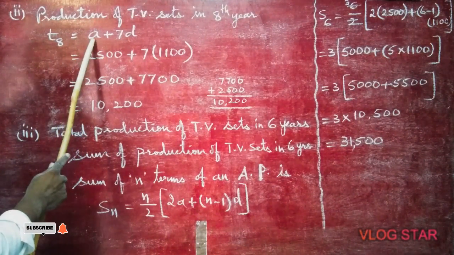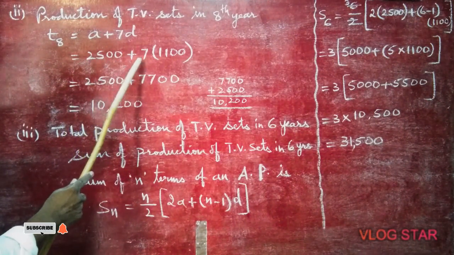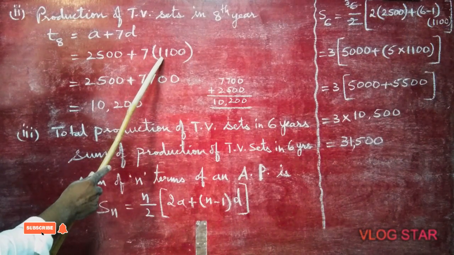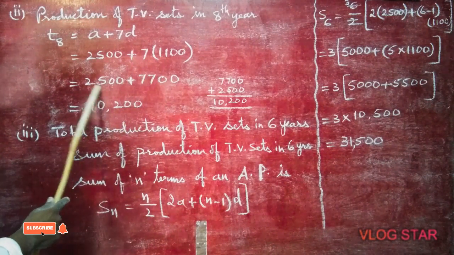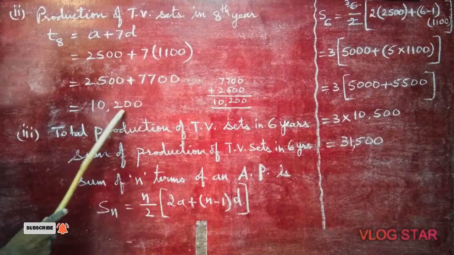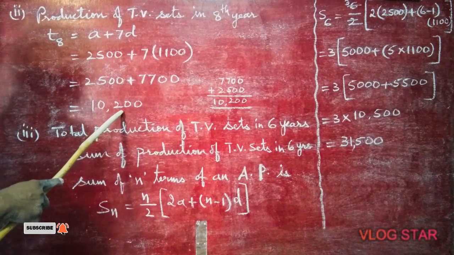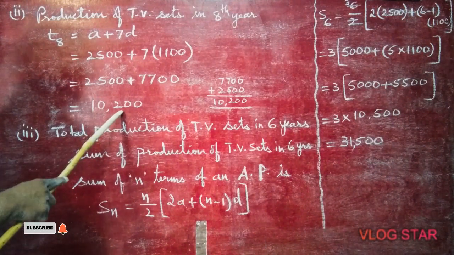T8 of an AP is a plus 7d. a means 2500 plus 7 into 1100. Now 2500 plus 7700, add, you will get 10,200. So in the 8th year, this much.